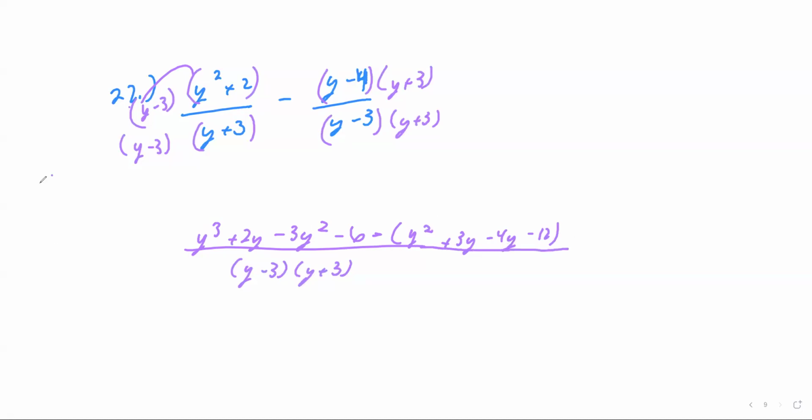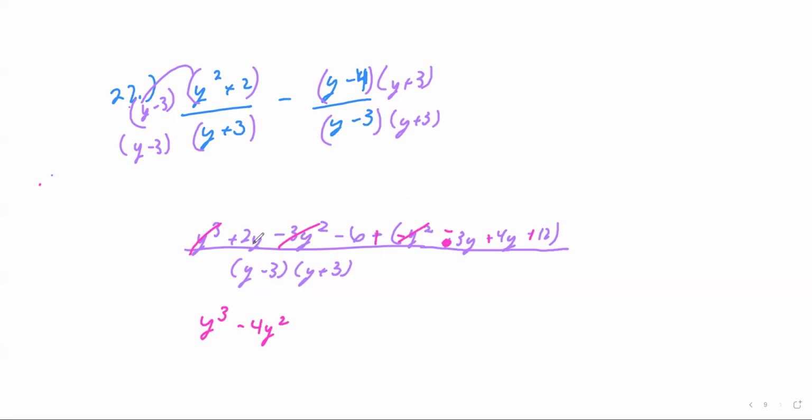Now, again, this is where I'm going to change this to a plus and then change all the signs inside. And then now I'll combine. So this gives me y cubed. Negative 3y squared minus y squared would give me negative 4y squared. 2y minus 3y is negative 1 plus 4 gives me positive 3, right?